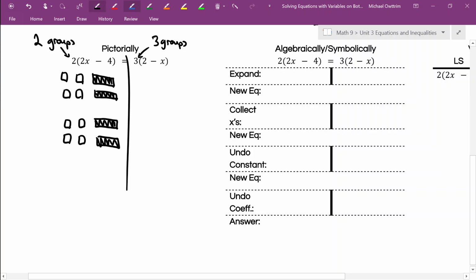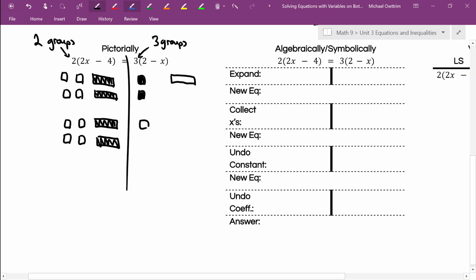On the other side, we need 3 groups. Inside of each group, we need 2 positive constants and our 1 negative x. And then we need another 2 groups of that to make 3 groups in total.